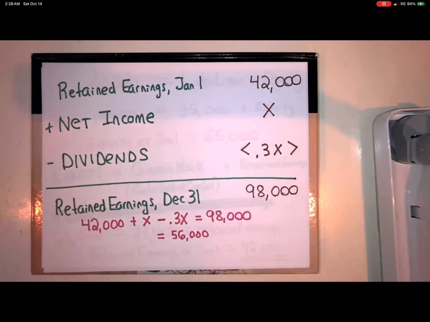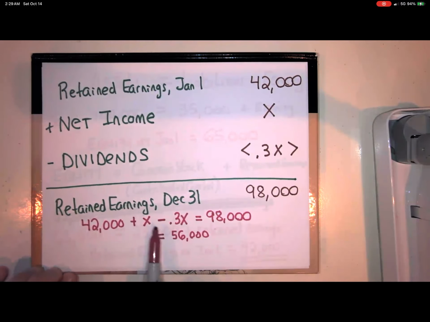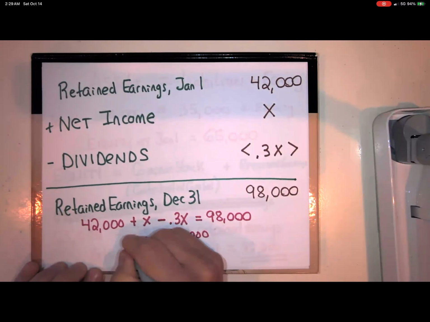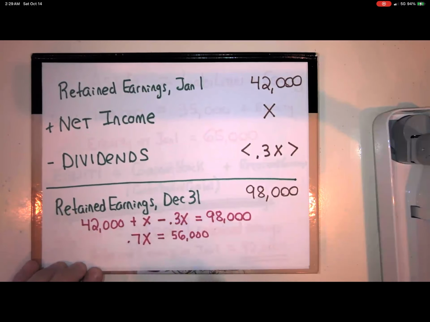And the thing that seems to throw folks, and it's easy to kind of miss, is again the arithmetic. When we combine those, I have x, so that's 1x minus 0.3x. 1 minus 0.3 would give me 0.7.